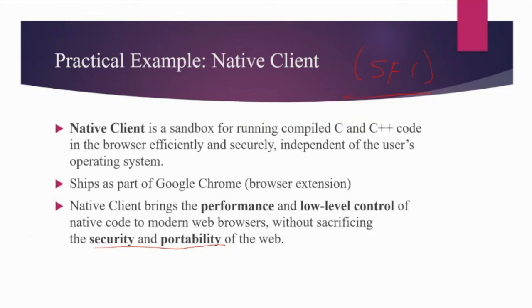So the goal of Native Client is to provide a sandboxed environment so that the web browser can execute C++ code while maintaining the security and portability issues, right? Because when we say C++, there are portability issues. It will be dependent upon the underlying hardware and software that are there in the system.